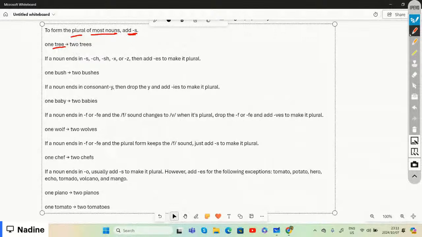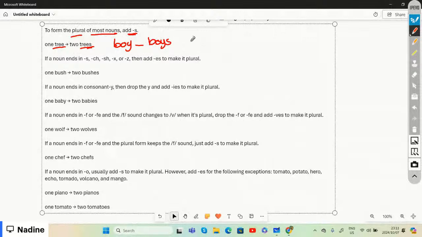So if I see one tree, but further down I see two trees, all we did was add an S to show that there's more than one of those things. For example, we have one boy, but if you see them playing soccer, then you can say that there's more than one boy, which is boys.